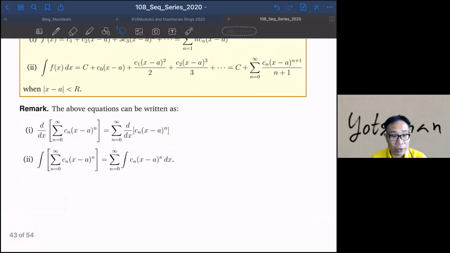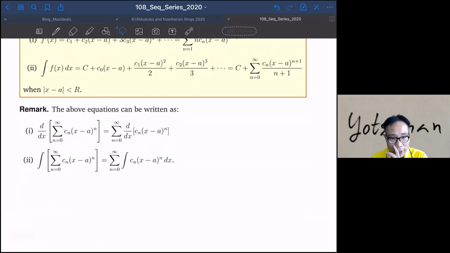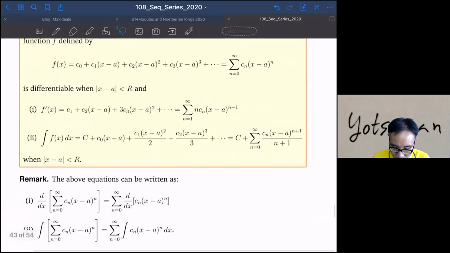When you differentiate, you see that c0 disappears.